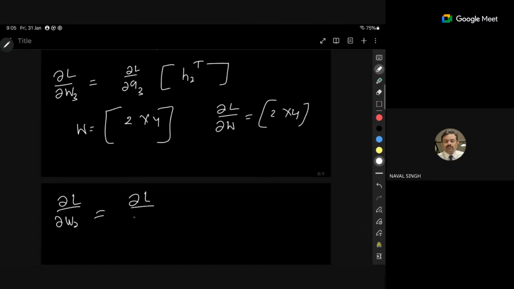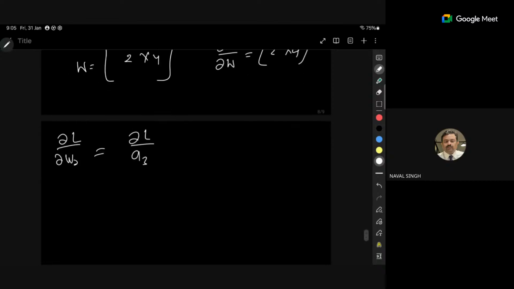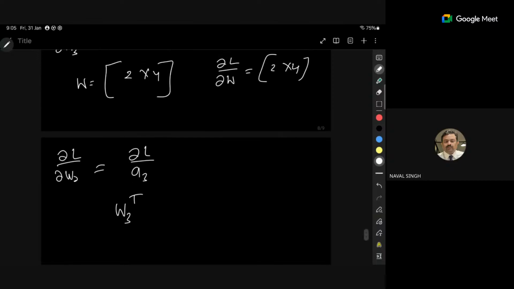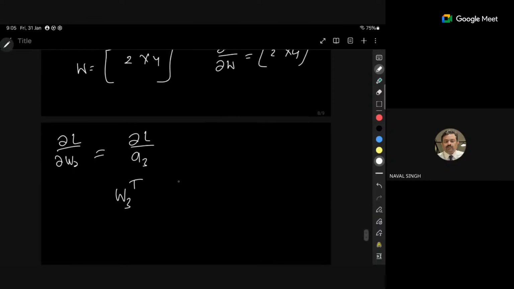And let's say you do it with respect to W2. First with respect to A3, you'll get this vector. And A3 with respect to something, you'll get a matrix. So the first thing you have to do is take a transpose of that. So a matrix you will get here, a vector you will get here. So first you have to do matrix multiplication.